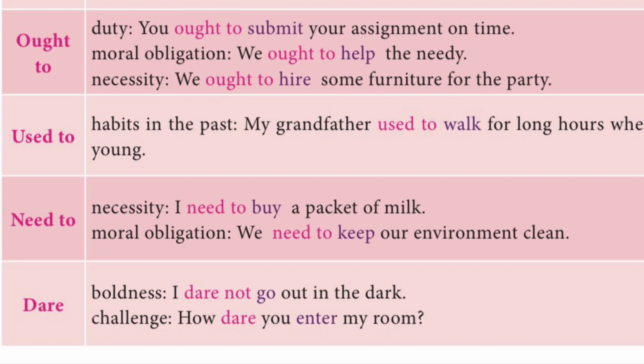And there are 13 modal auxiliaries: will, would, shall, should, can, could, may, might, must, ought to, dare, need, used to. You can use these modal auxiliaries to express your feelings depending on your mood. If you're angry or happy or you're in need, depending on the mood or the mode of the subject, you can use them.